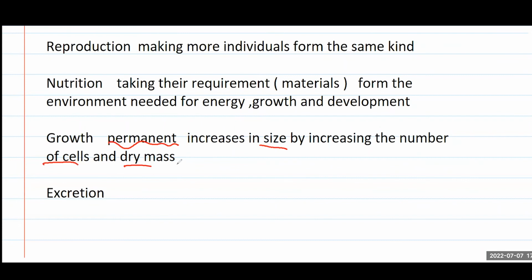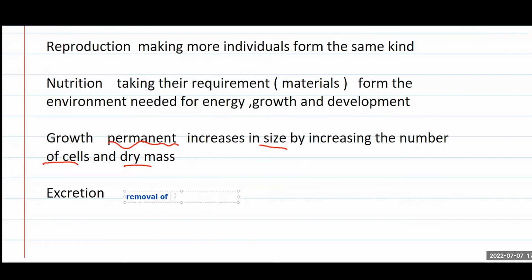Okay? The last thing is excretion, and usually the definition of excretion comes to cover 3 marks, not 2. What does excretion mean? Getting rid of, or removal of, right? And to gain the 3 marks, I should write 3 things.